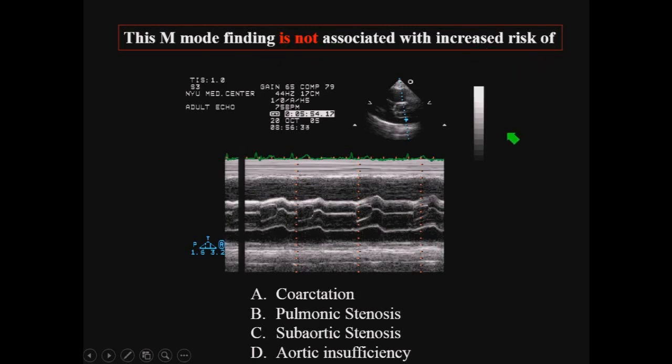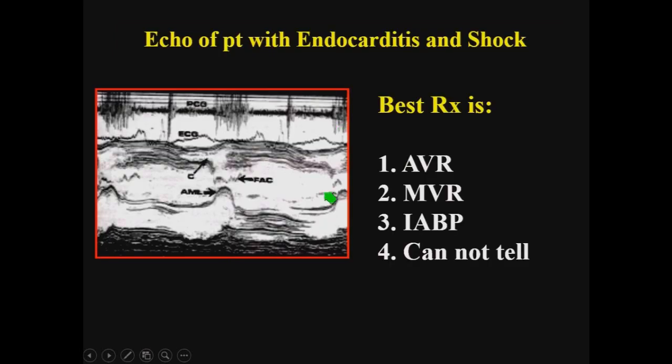So apparently this patient has a bicuspid aortic valve, and bicuspid aortic valve is associated with coarctation and is associated with subaortic stenosis, like in the Shone syndrome, and is associated with aortic insufficiency. So the correct answer is B, pulmonic stenosis, that is not associated with a bicuspid aortic valve.